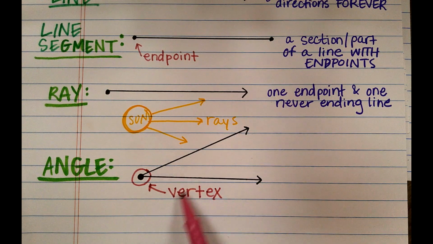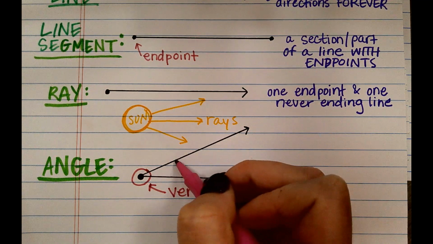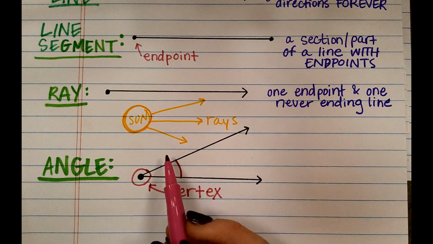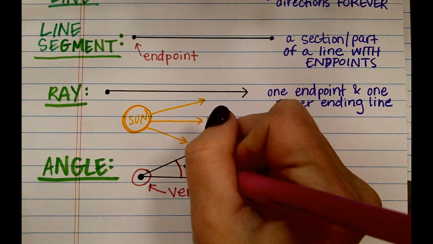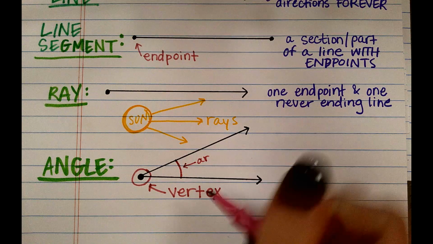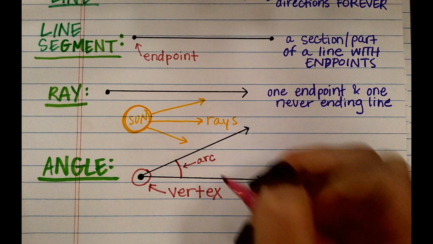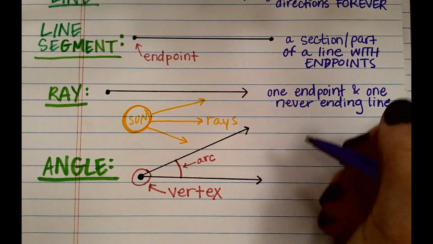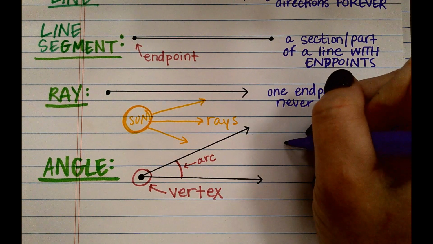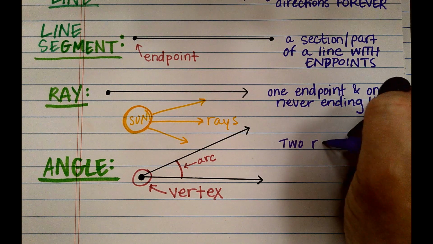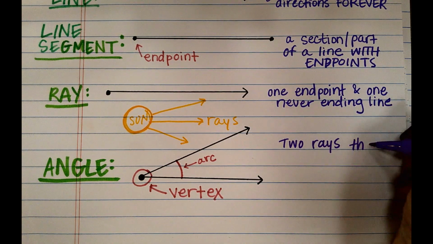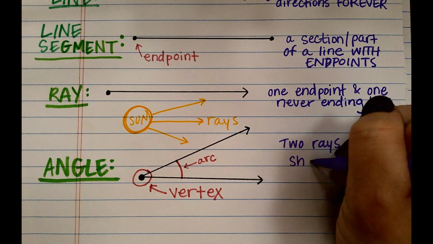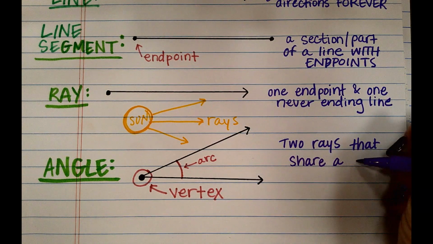And on the inside of our angle, we will draw this. This is an arc. We can label that as an arc as well. This measures the angle. We'll talk more about that later. And if we want to define an angle, we could say two rays that share a single point.